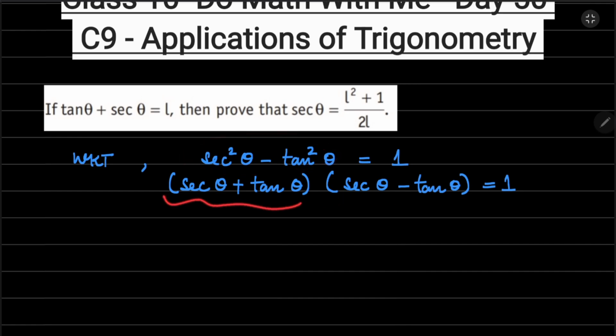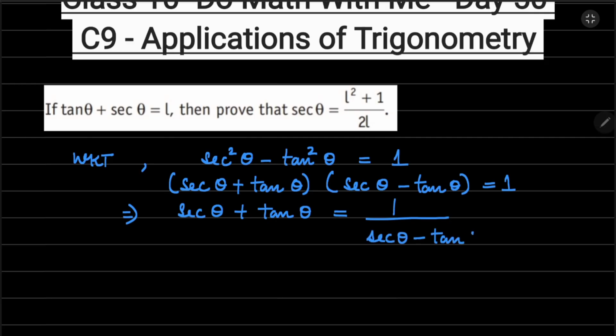So what is a plus b equal to? 1 by a minus b. I'm just telling you in an easier format. So this implies secant theta plus tan theta is equal to 1 by secant theta minus tan theta.